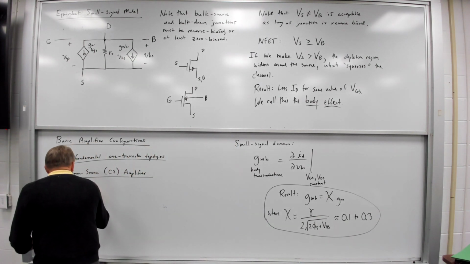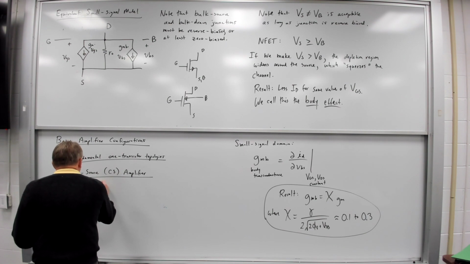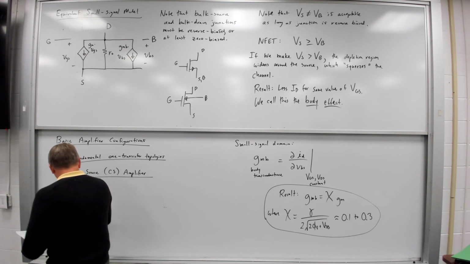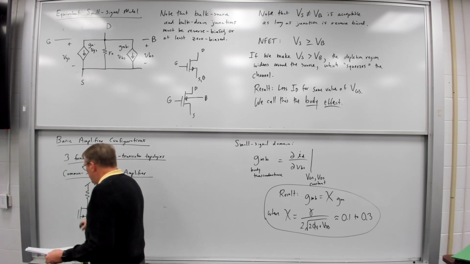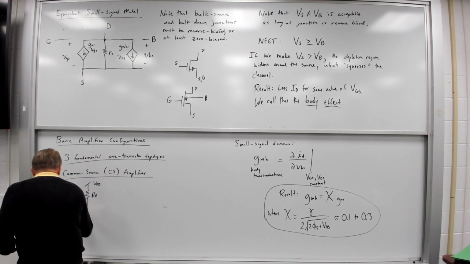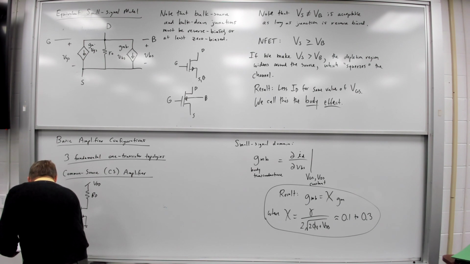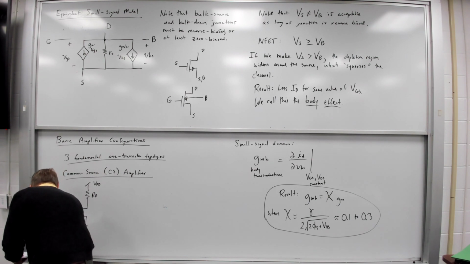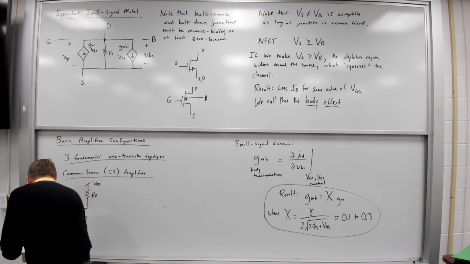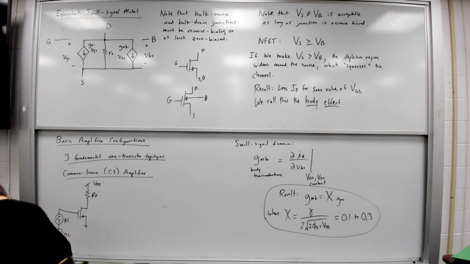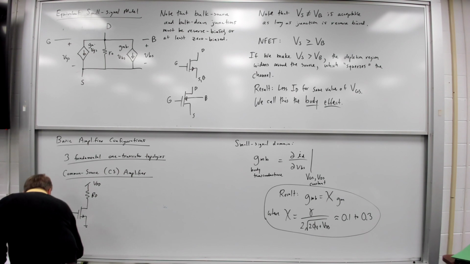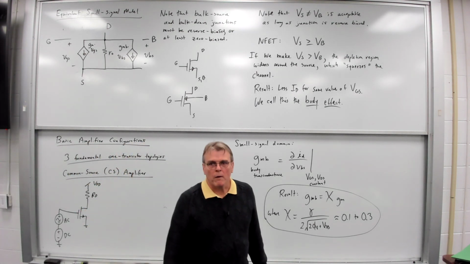In its most basic form, you have a drain resistor, you ground the gate, and then you have an AC source combined with a DC source in order to provide biasing. So we've seen this before.